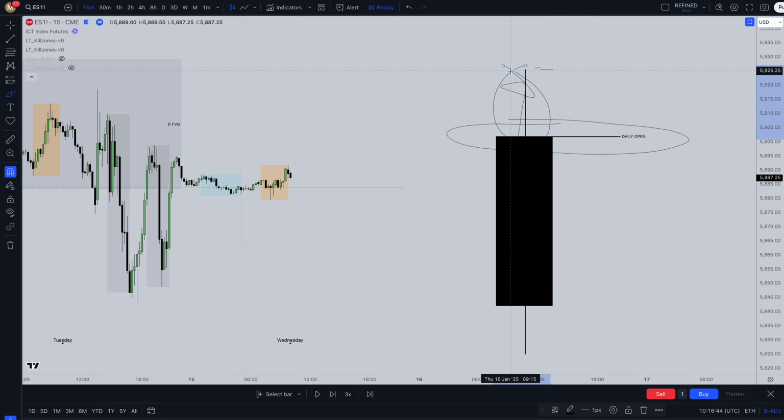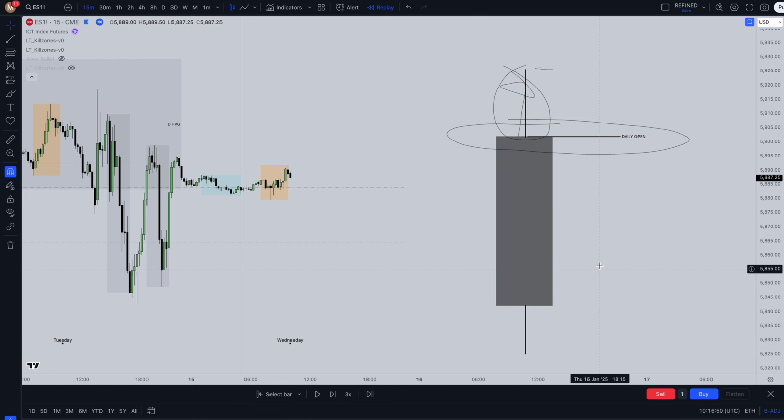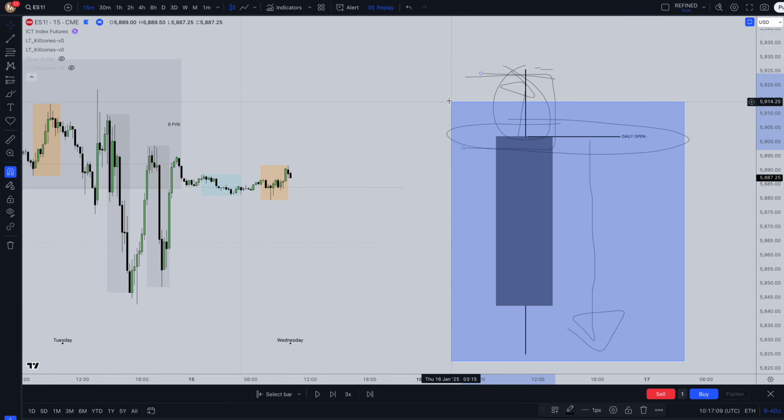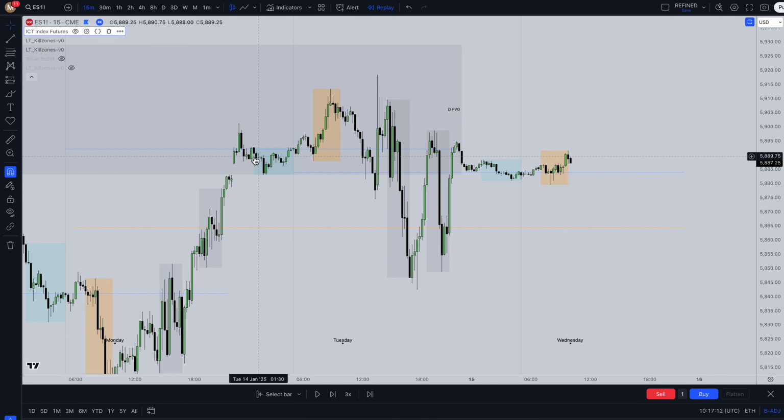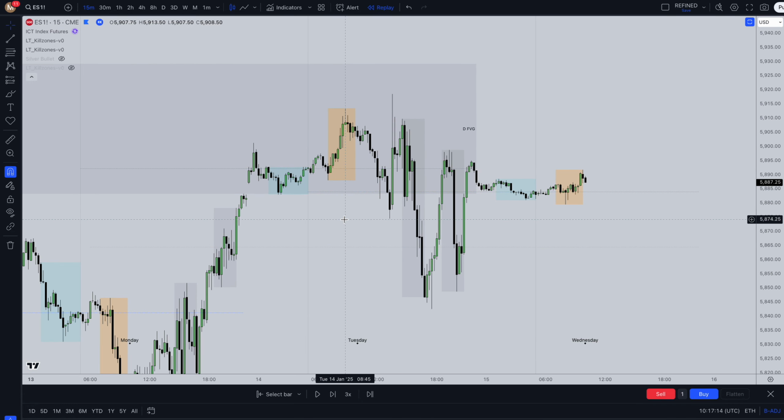If I'm looking to be a seller on a day that I think is bearish, then any entry in and around the daily open is great, because I know I'm going to end up capturing the majority of this daily range if I position myself in the wick. That is plainly what the daily open does and what its utility is. So that's number one.